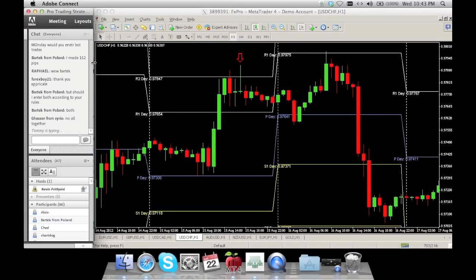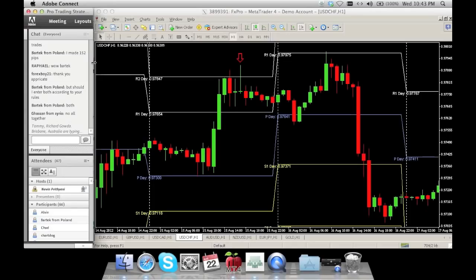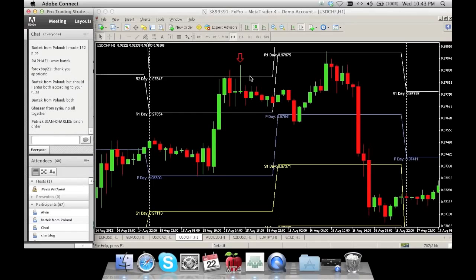Same reason goes for stops. We cannot play stops because one pair might touch it while the others do not. Okay? The only way to understand where you're exiting your trades is once the market actually goes to the other side of your pivot line and closes there. If that happens in one or two pairs, exit out the entire batch, close out everything. That's when you know you want to exit into a loss. Okay?